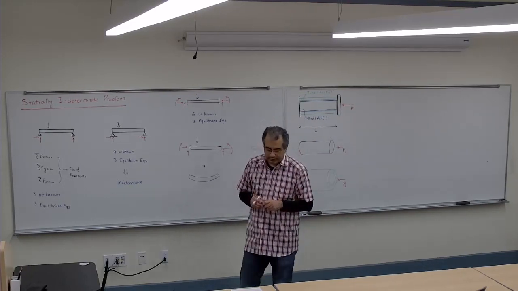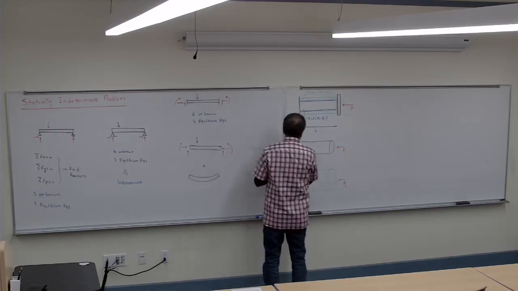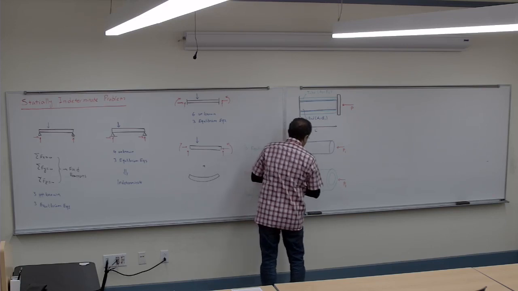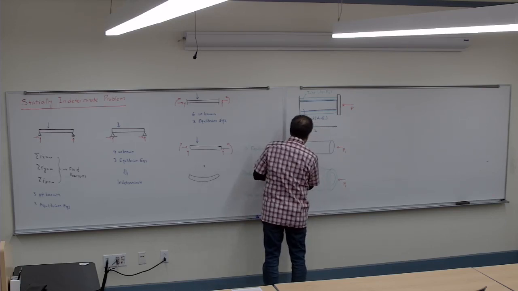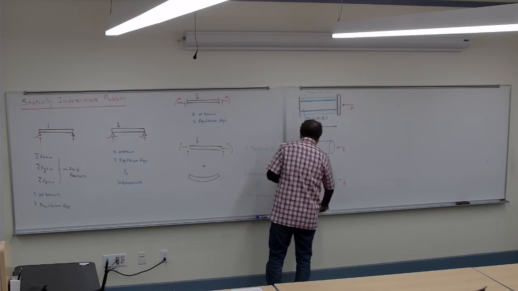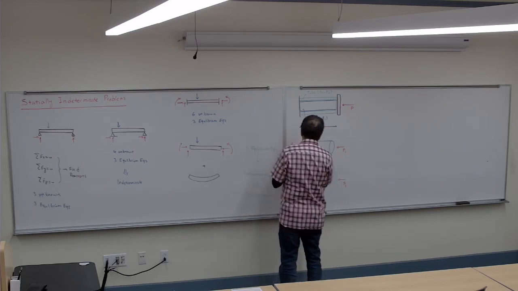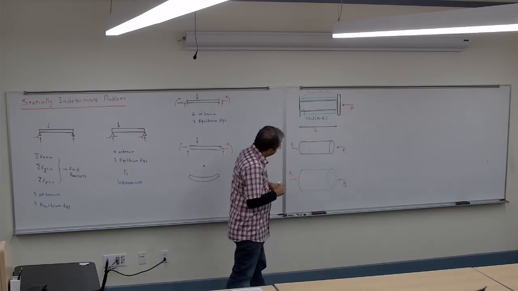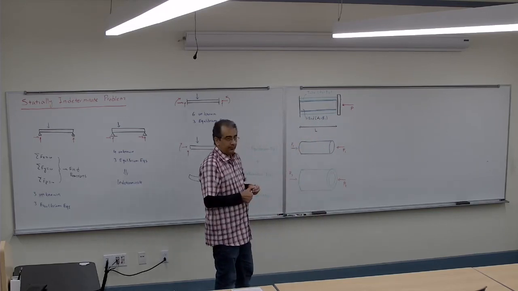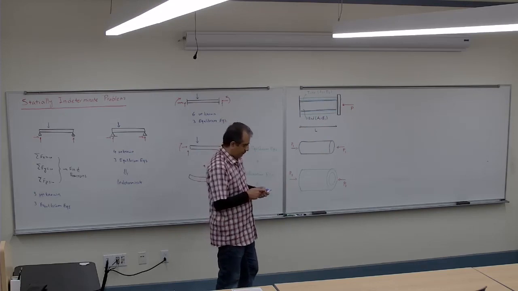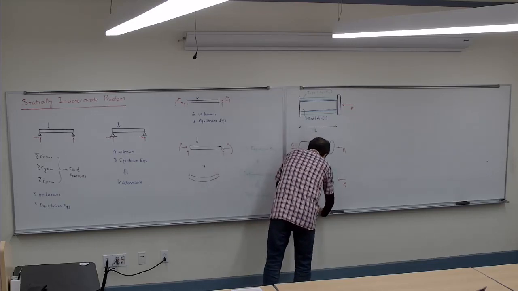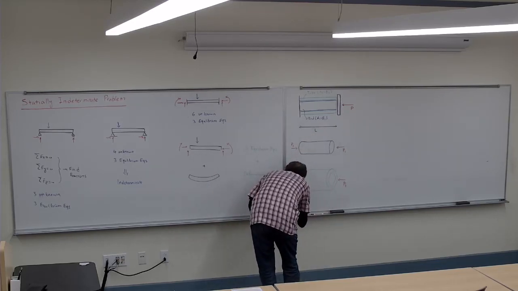So the amount is going to be on that. The question is, what are P1 and P2?